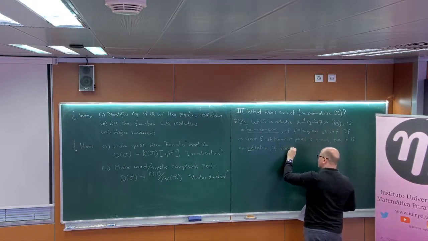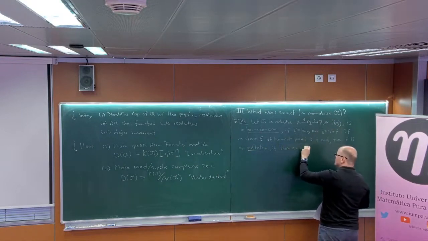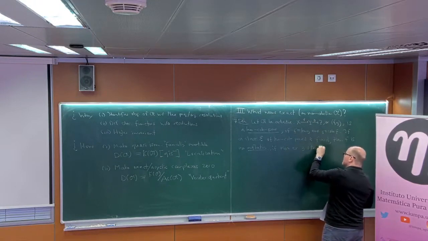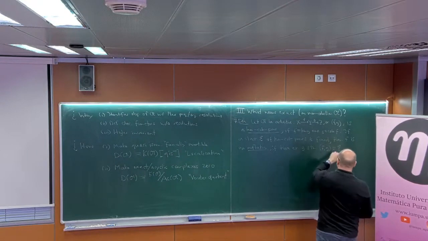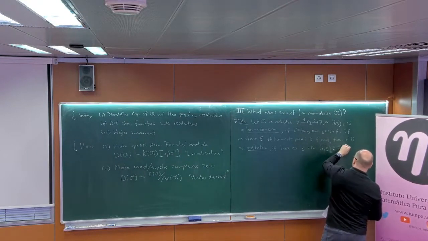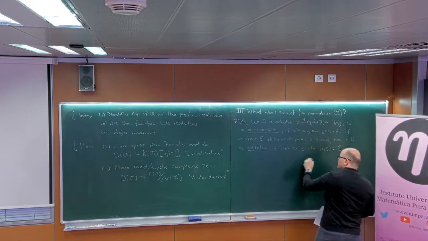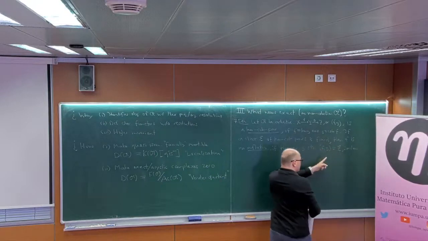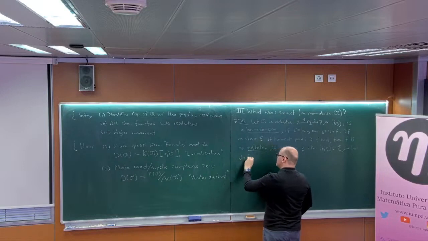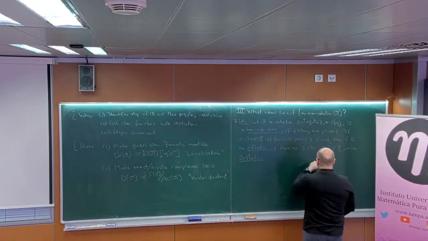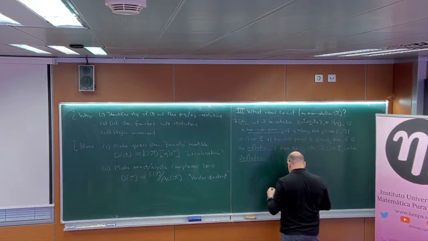So if there exists G such that F, G belongs to our class. And similarly you define deflation, that's the guys that show up on the right hand side. So G is a deflation if there's F such that F, G is in E.